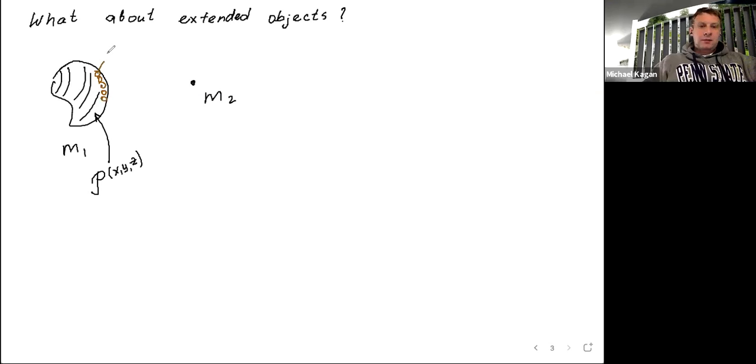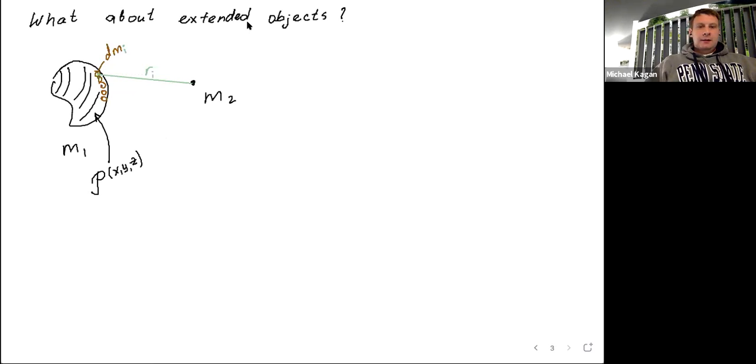Each piece has some mass dm that can be defined by the local density and little volume. For this particular dm, you draw the line and find the radius. Let's say this is dm sub i, and this is r sub i.